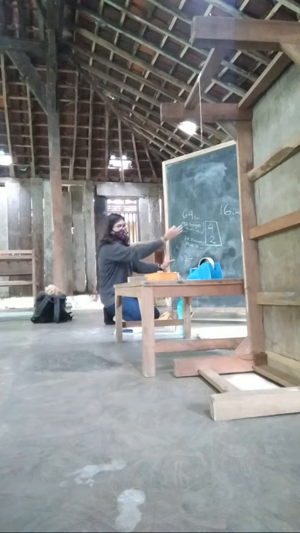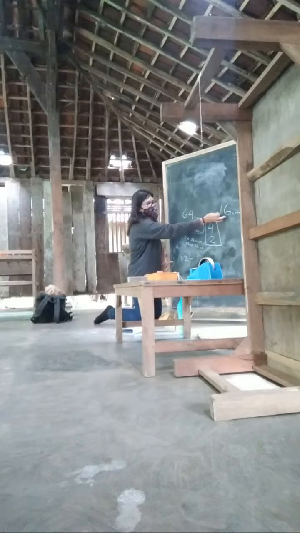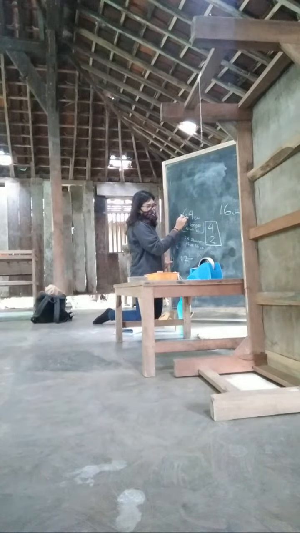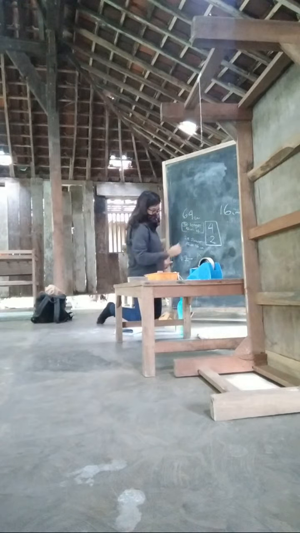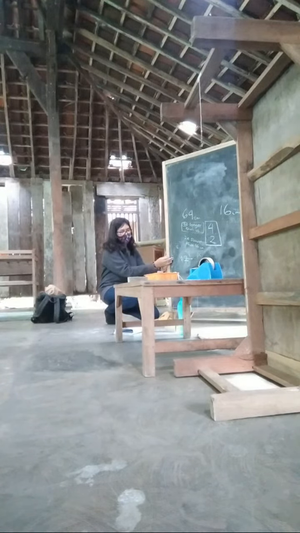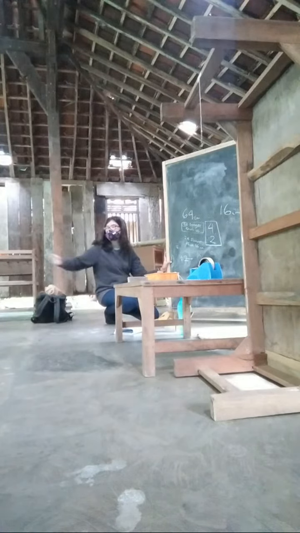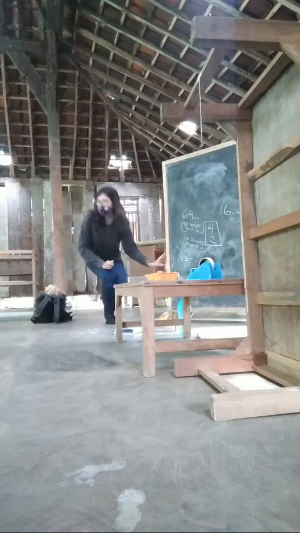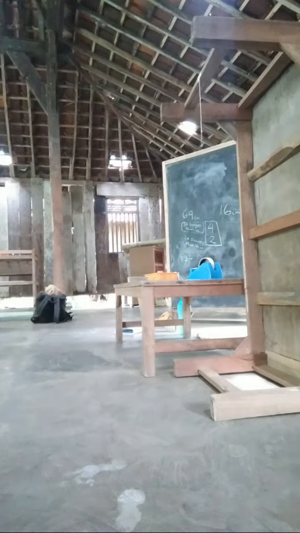Tadi kalian compare 64 sama 16. Kita lagi mau cari tahu yang 64 nih, tapi kita compare sama 16. What number should we write over here? From which number? You already know the number from here: 1, 2, 3. You already get the number here. And now which number should we go for? From these 3, before we compare 64 with 16. Can we do 288 there?